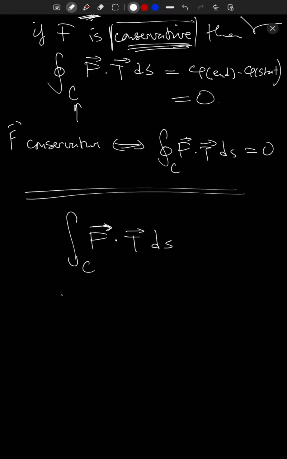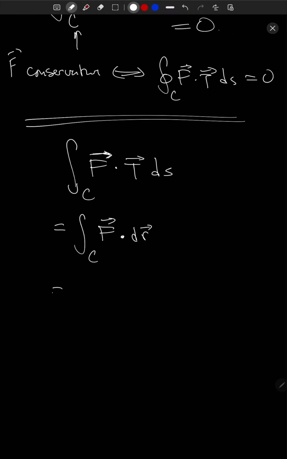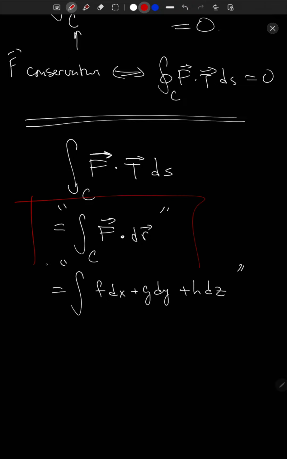But just as a quick note, remember this is the same as this, just notation wise, and this is the same as f dx plus g dy plus h dz. All of these are the same notation. I think the book really likes to use this notation, and a lot of physics classes like to use that as well. So make sure you're comfortable with all the different forms of the notation.